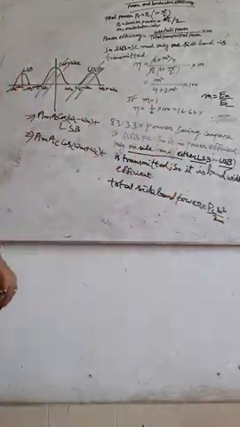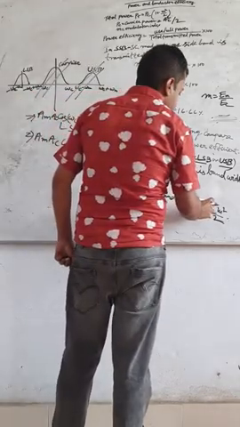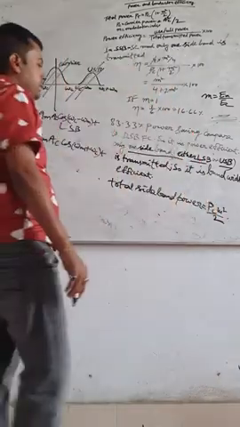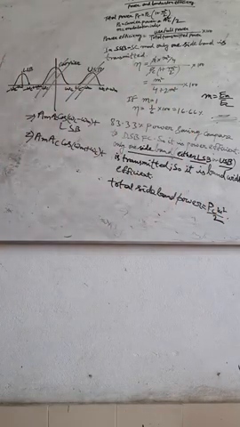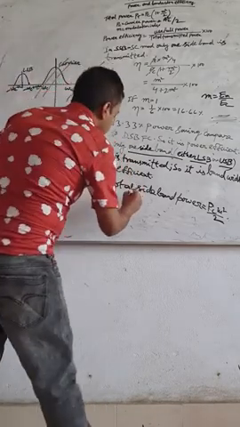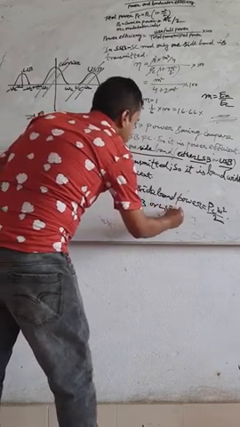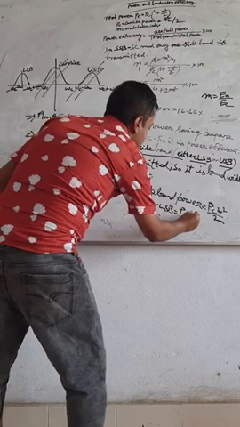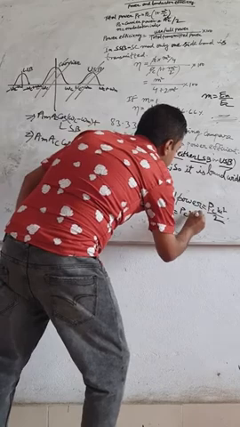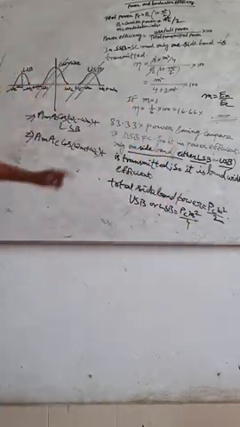So for USB or LSB, any one sideband power is PC into m square by 4, half of this.